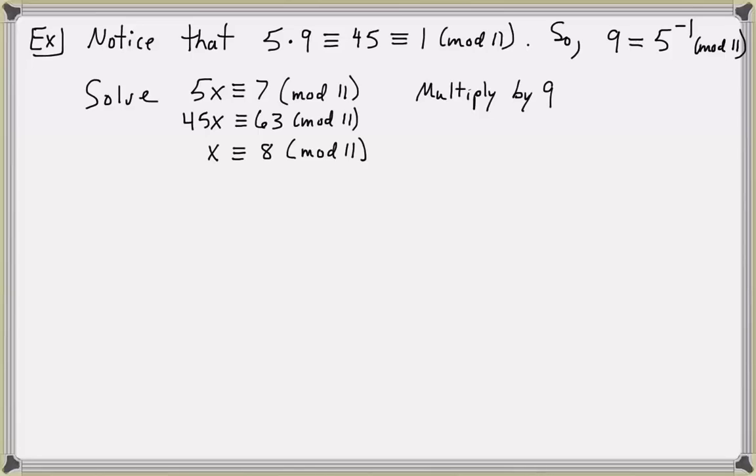So let's look for all of the inverses of integers mod 11. So an integer will have an inverse if it's relatively prime to 11. Well, let's look at all the relatively prime residues.